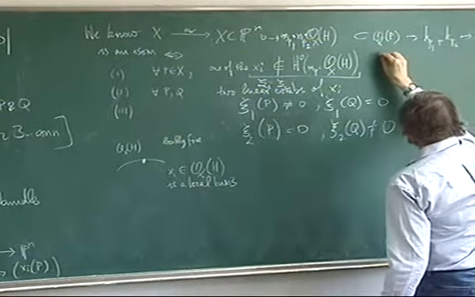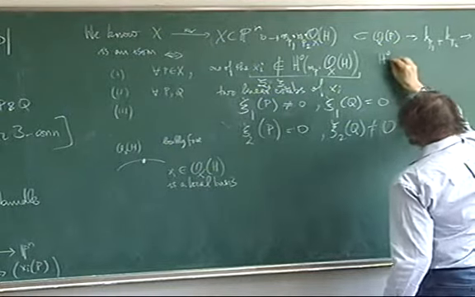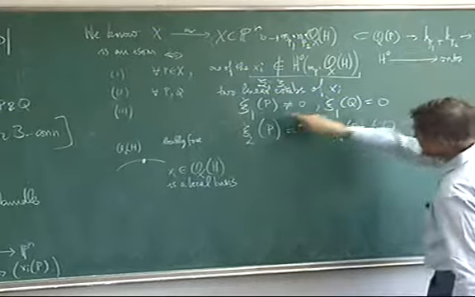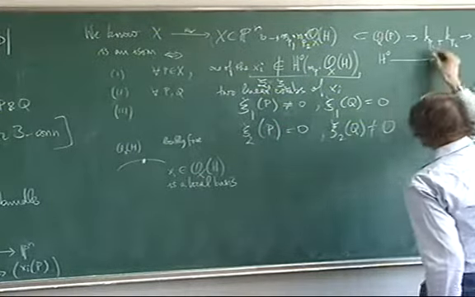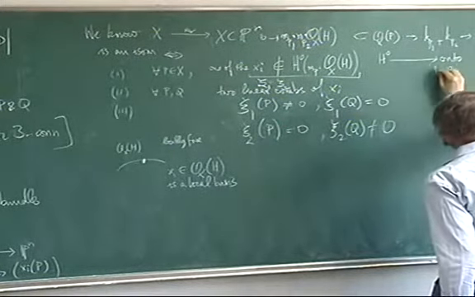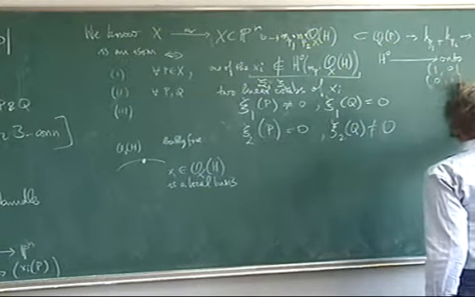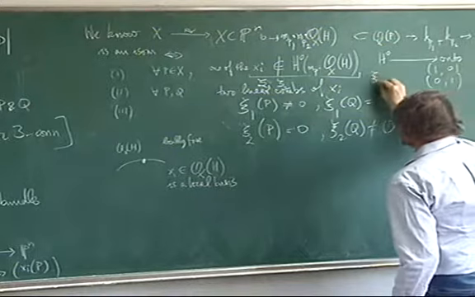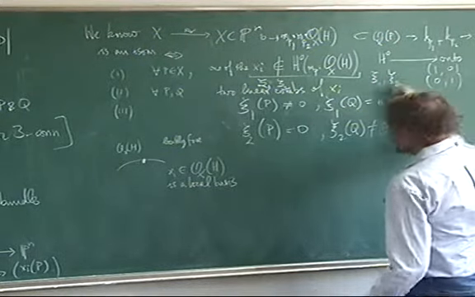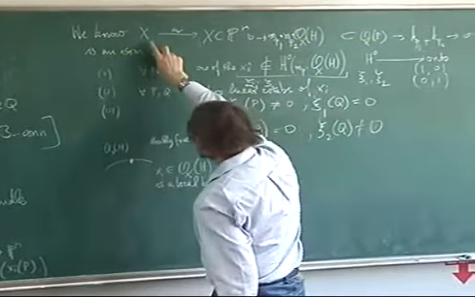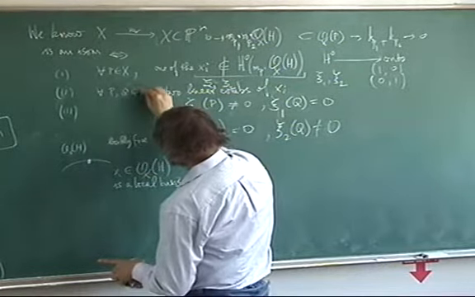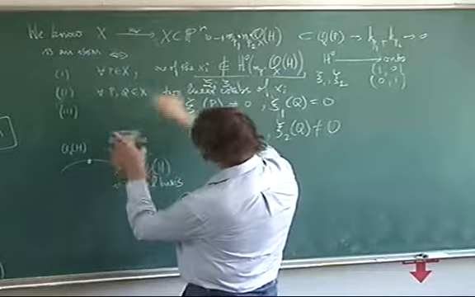Then I want this map, when I do H^0 here, to be surjective. So these two guys, xi_1 and xi_2, map to a basis. They map to (1, 0) and (0, 1). And so this condition is just saying that the map takes two different points of X to two different points of the image.